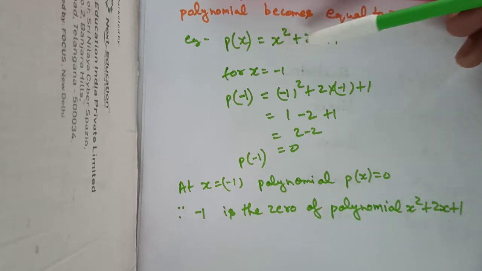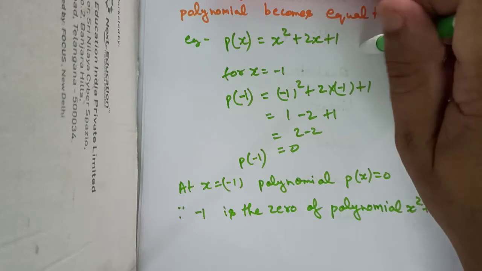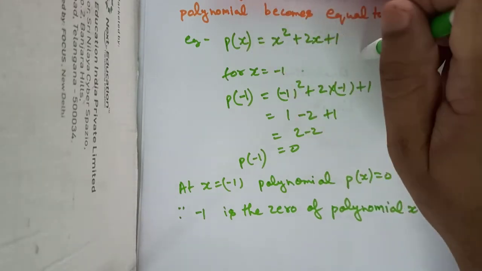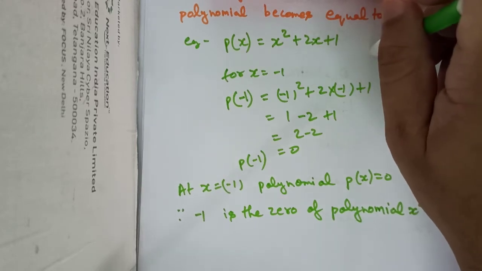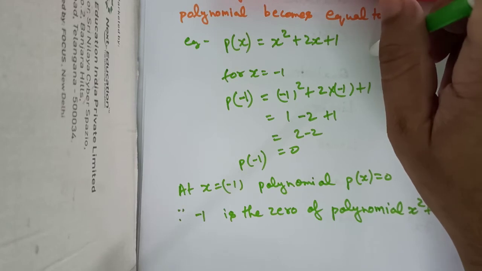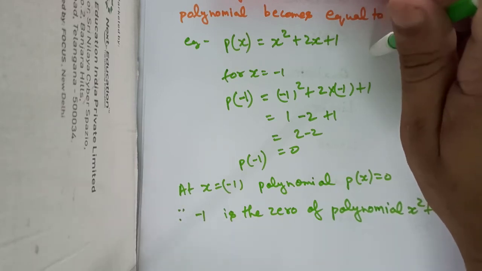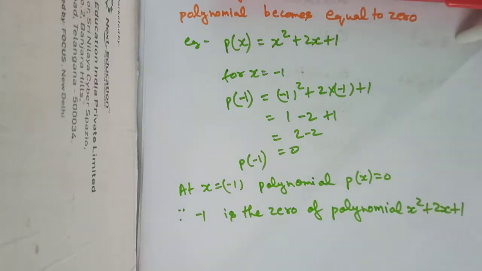So 0 square is 0, plus 2 times 0 is again 0, plus 1. 0 plus 0 plus 1. So the value of p(0) is coming equal to 1. It is not coming equal to 0. Since the value of the polynomial at x equals 0 is not equal to 0, therefore 0 is not the zero of the polynomial.